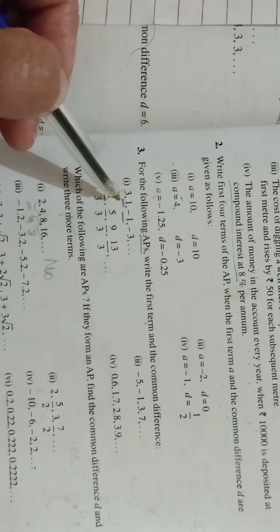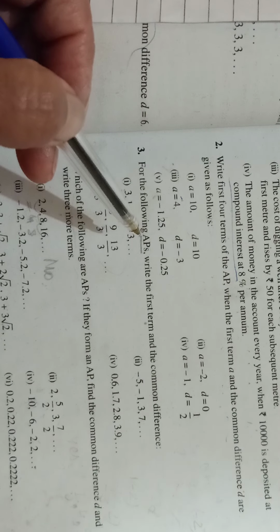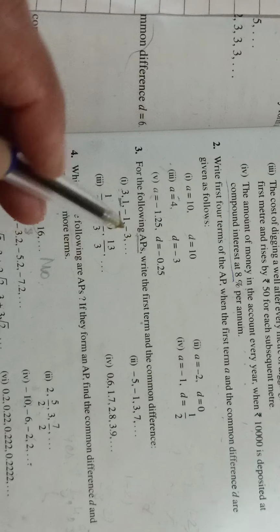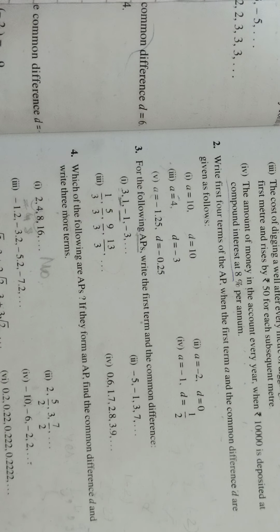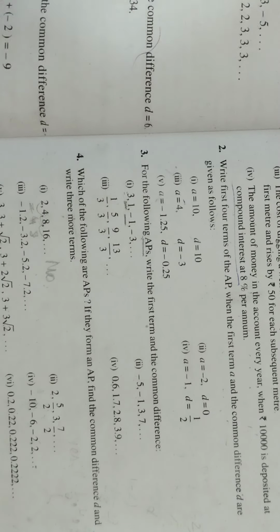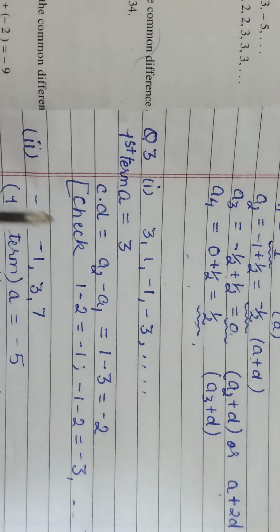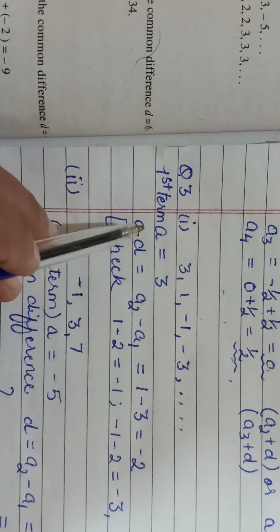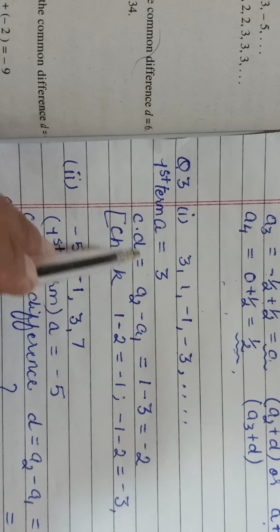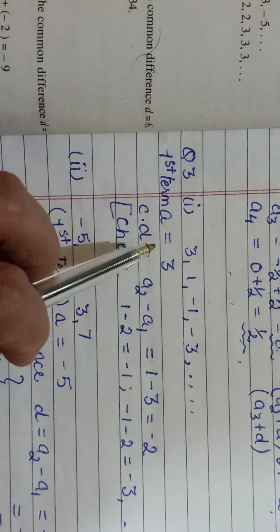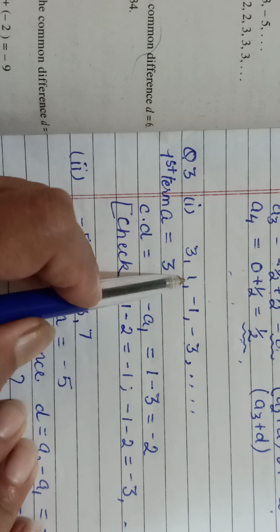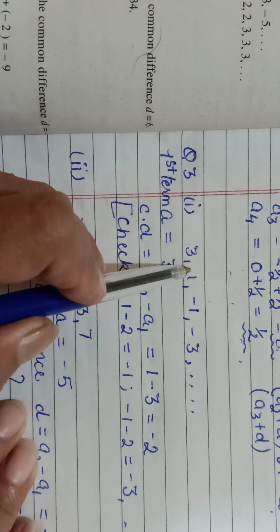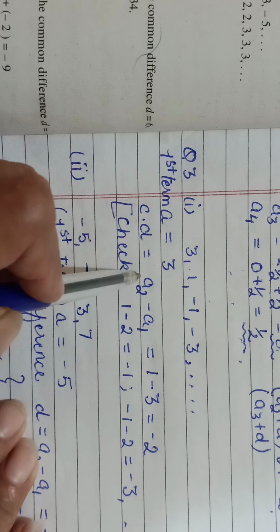Okay, then the next question is: for the following AP, write the first term and the common difference. So that was your sequence: 3, 1, -1, -3. So your first term is 3. How do we find the common difference? How do we get the next term? By adding D to the term, so if you subtract the previous term from it, you get the common difference.